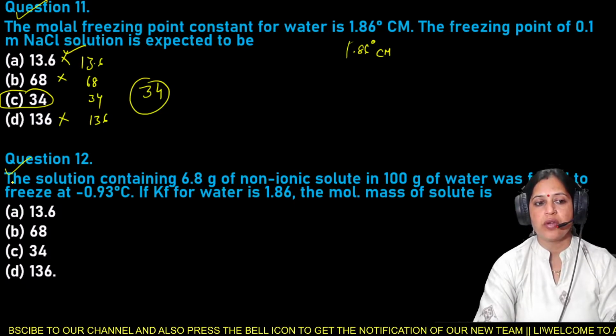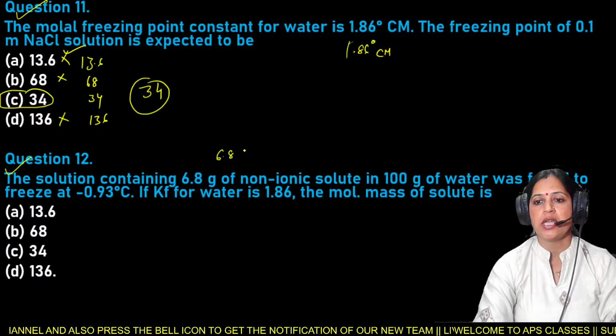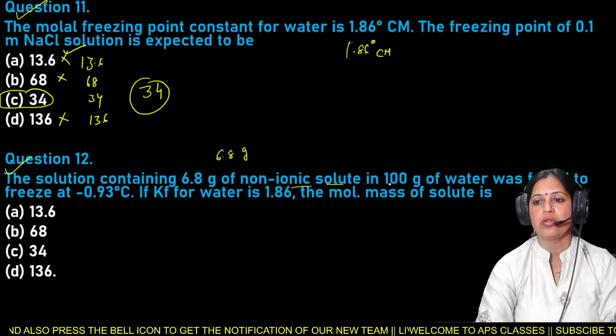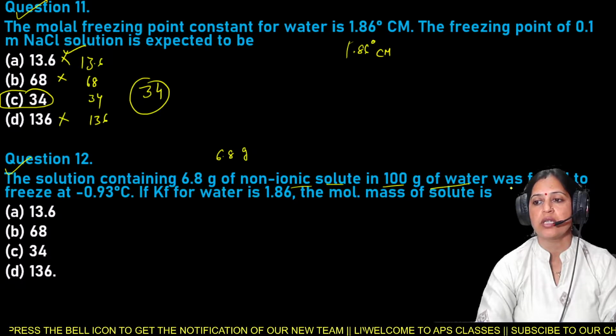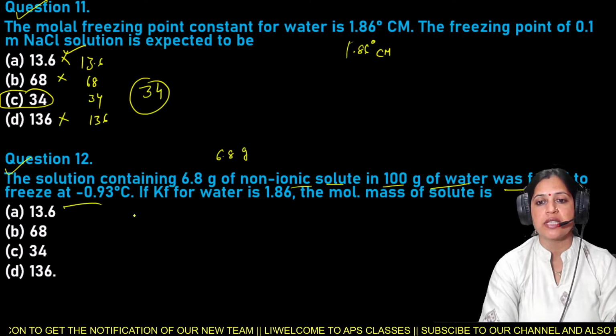Next is your question number 12, and your question number 12 is: the solution containing 6.8 grams of non-ionic solute in 100 grams of water was found to freeze at minus 0.93 degrees Celsius.